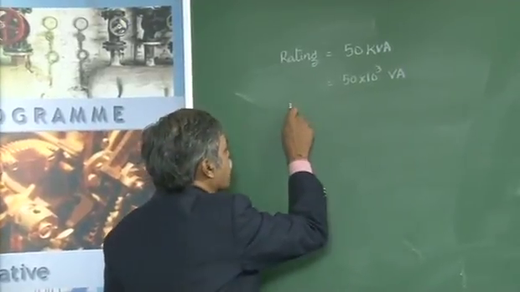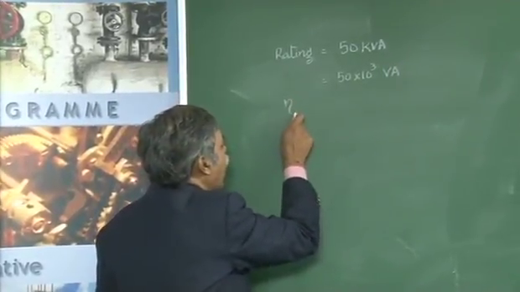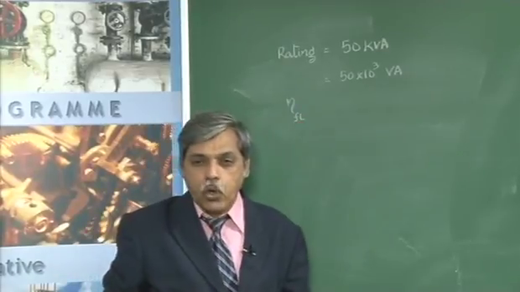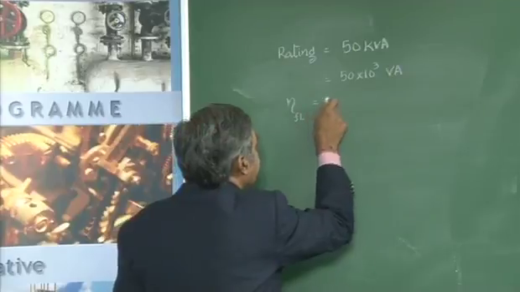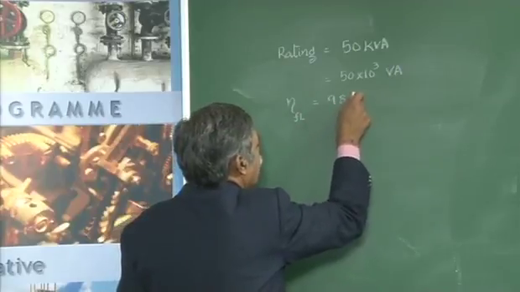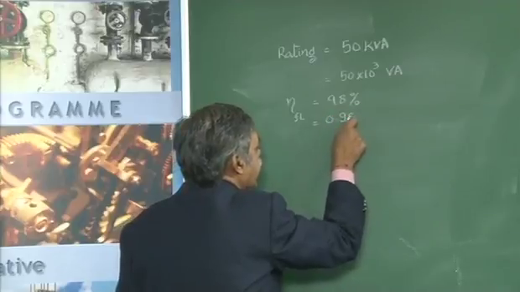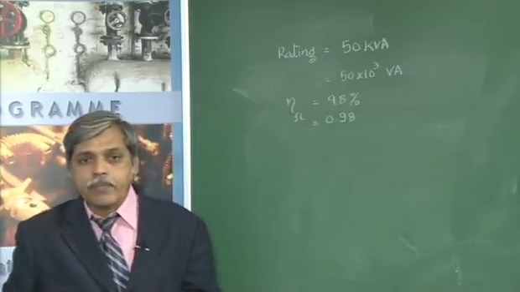Efficiency is represented by the symbol eta, with a suffix FL, so it becomes efficiency at full load. This is 98%, therefore I can write this as 0.98.